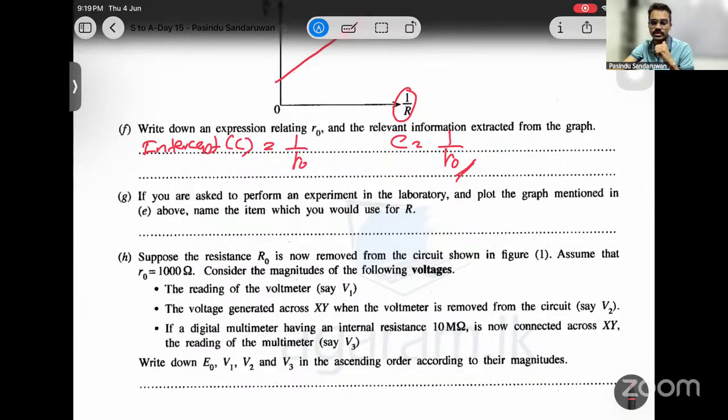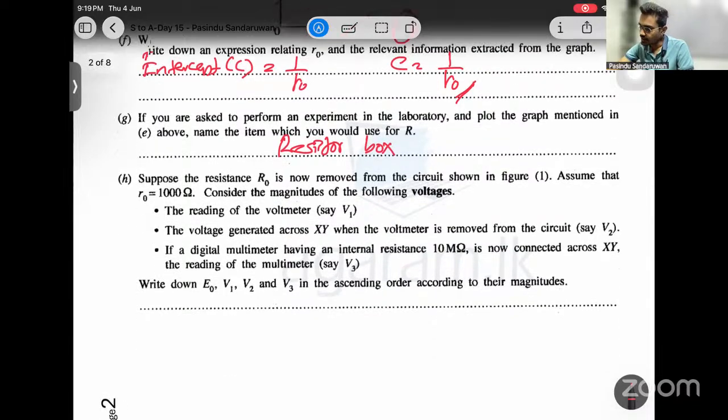Rheostat and resistor box. Now in this case, we need some distinct values of R, so the resistor box is used.